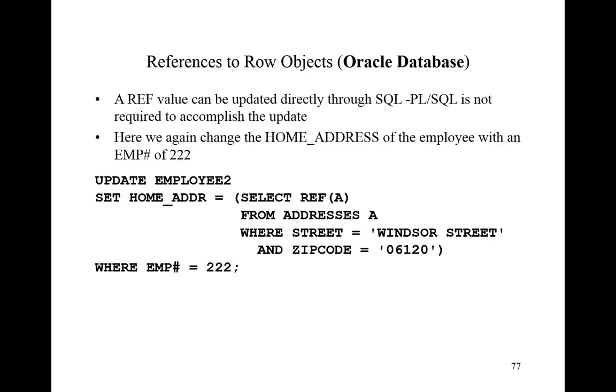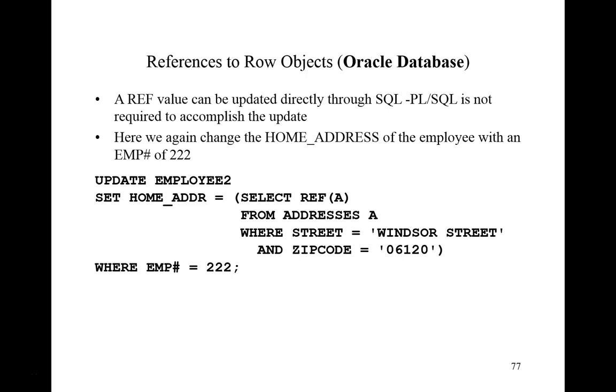A ref value can be updated directly through SQL. We aren't required to use PL/SQL to perform the update. In this case, we're performing the update entirely with SQL. We're updating the employee2 table, setting the home address equal to a ref value. We obtained the ref value by performing a subquery.